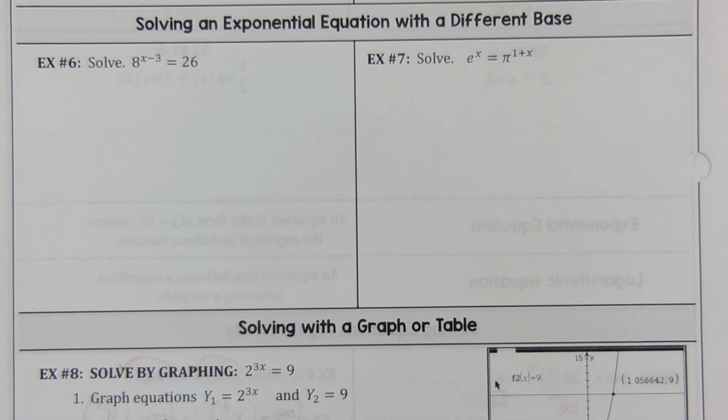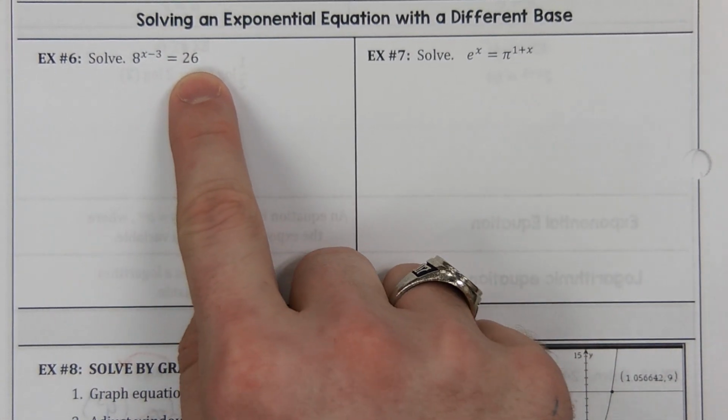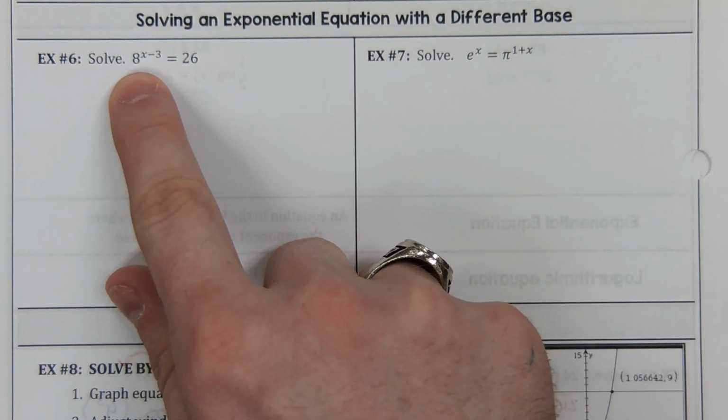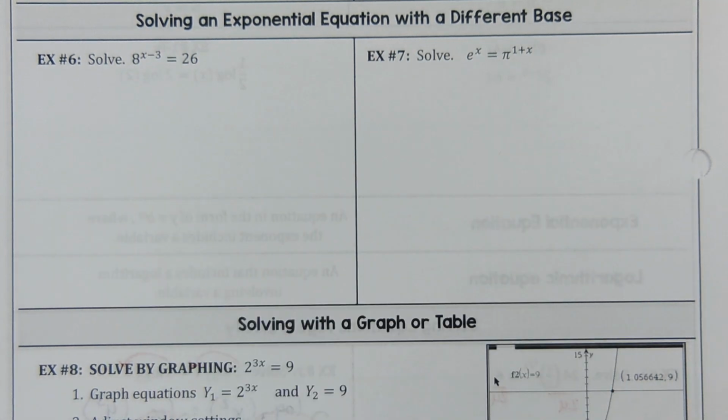Because we have enough knowledge now to see that it doesn't matter what we do, we will never get that to the same exponential base as that. What that means is you might as well just go ahead and cancel the 8 now. So how do I cancel exponential base 8? Log base 8.